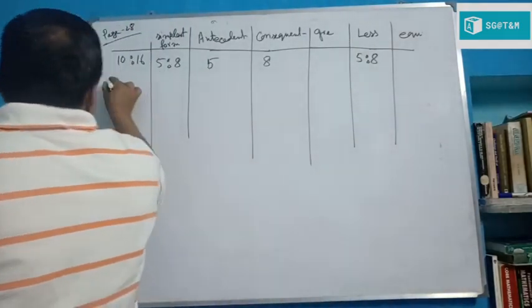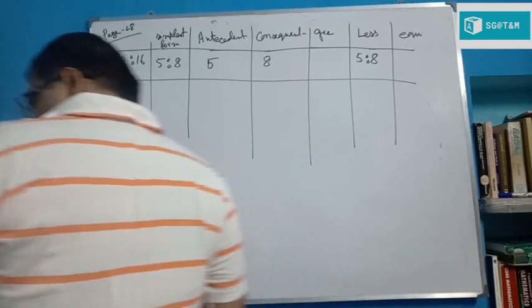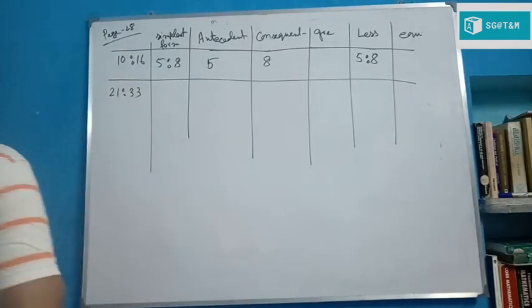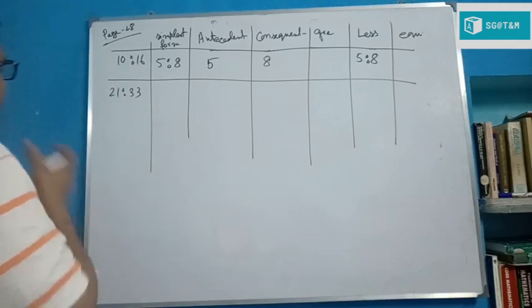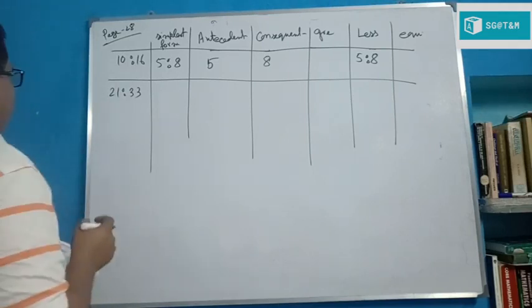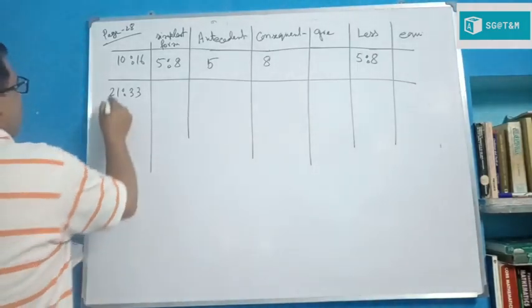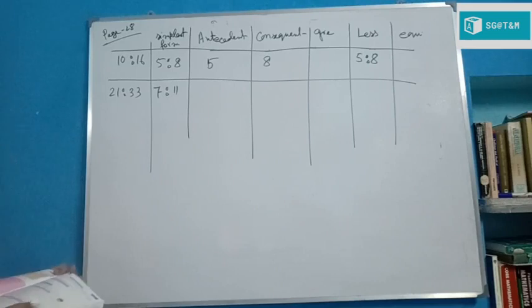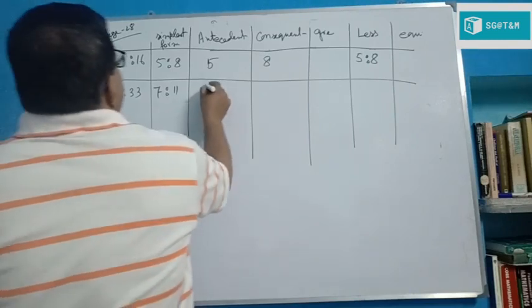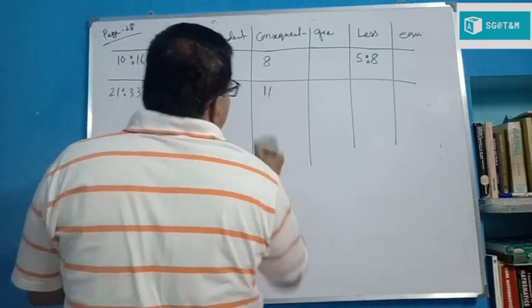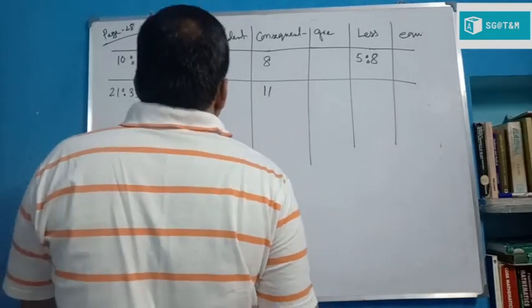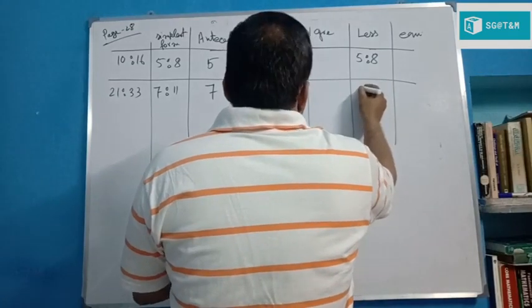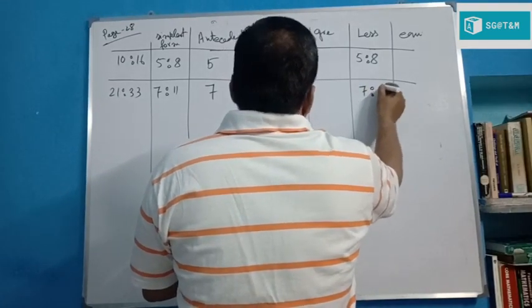In the second one, 21:33, divided by 3, it will be 7:11. Antecedent 7, consequent 11. 11 is greater than 7, so this is lesser inequality.